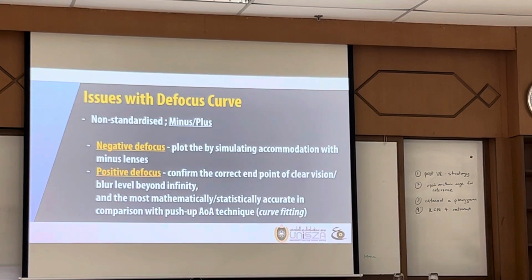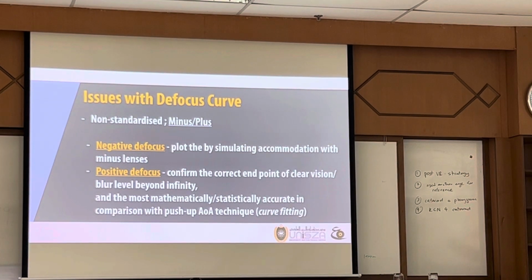And then there are some defocus curves putting a minus lens only. Some put positive lens also, because we understood the patient has no crystalline lens anymore. So why do you have to put a positive lens on the patient? You don't want to relax any more accommodation, by logic, because the patient does not have any lens anymore.